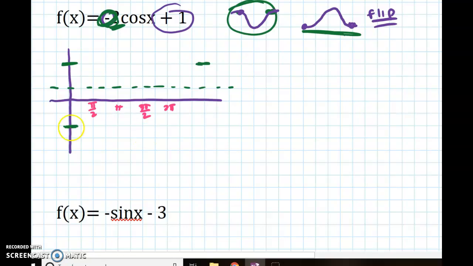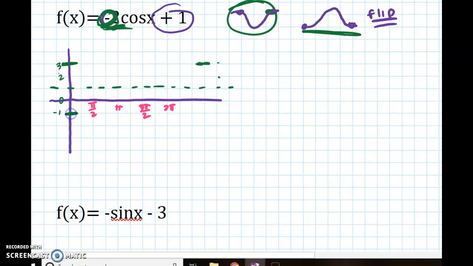So I start at the bottom. So my bottom number is here. Then I'm going to the middle. Whoops, I messed up just a little bit. My amplitude is 2, so I'm 2 above. So this is at 1, 2, 3, and then 2 below, 0, -1.